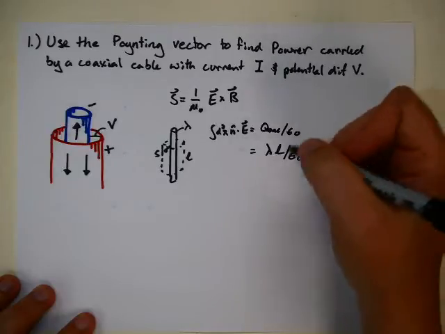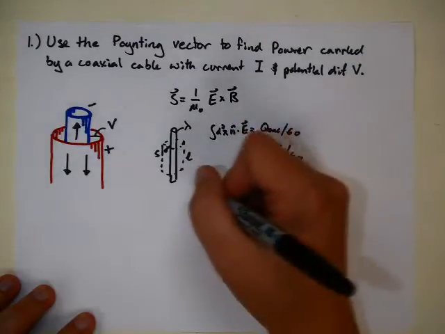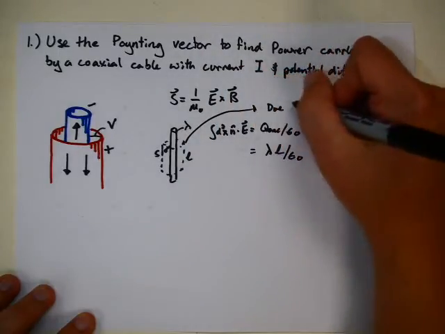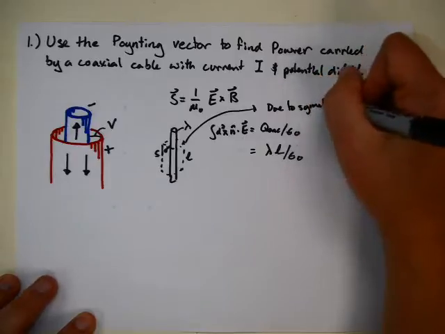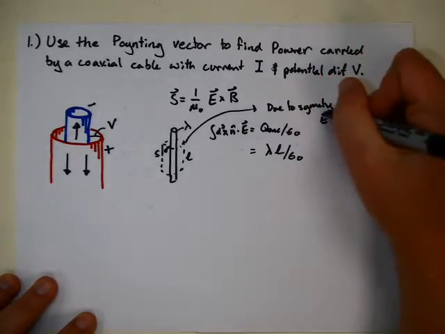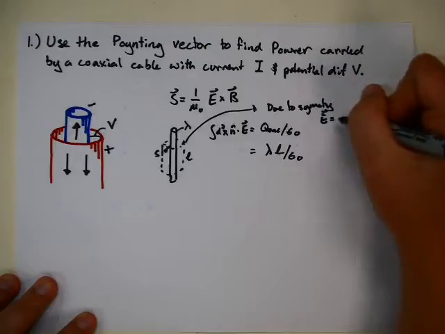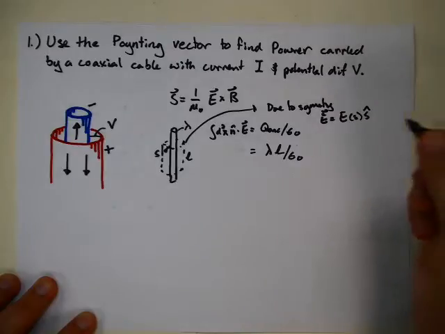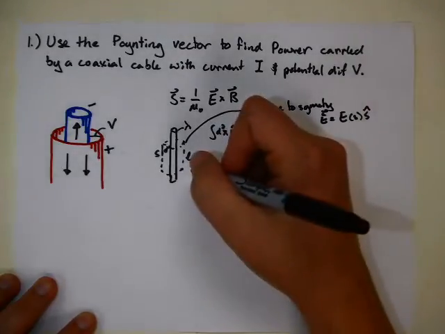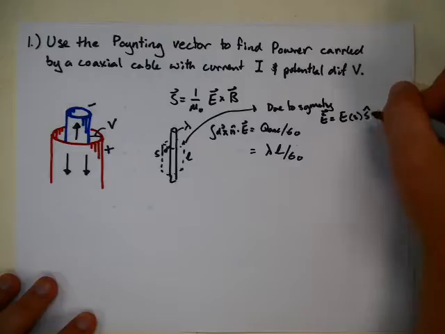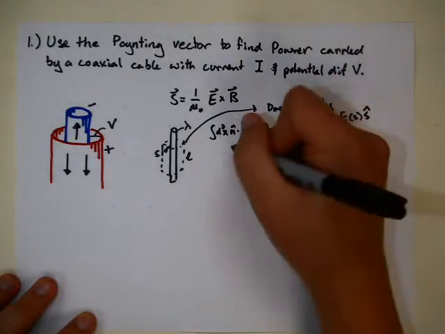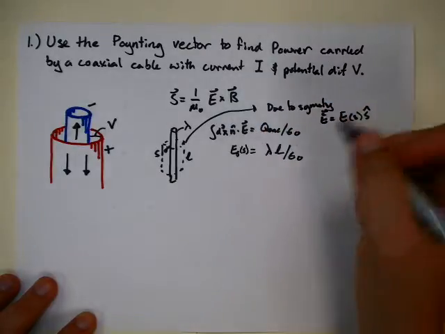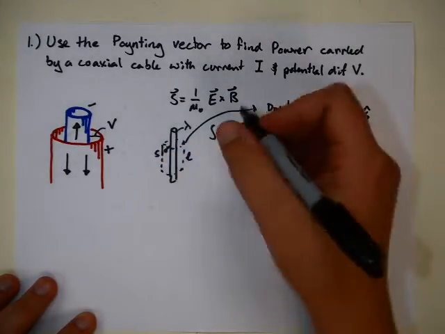Because of symmetry, the E field, vector-wise, points only in the S direction and depends only on S. N hat along the surface is going to point in the positive S direction, so that E dot N is simply E_S of S. And this integral d²x will just be the surface area of the outside of this cylinder.